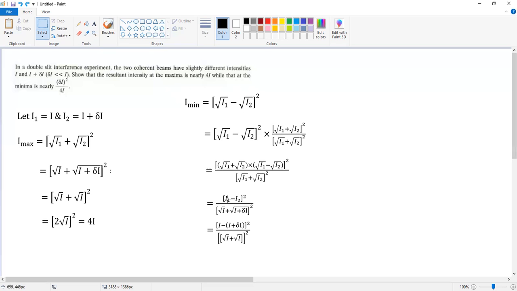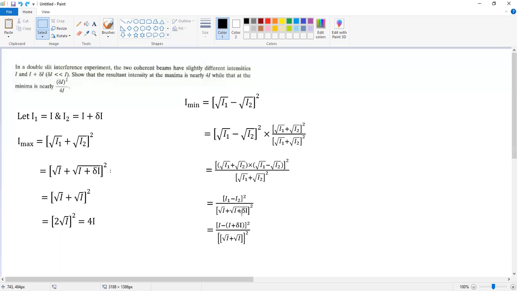Here you can't neglect the delta I part, because once you neglect that, the equation becomes 0, and there is no meaning of solving that. Neglecting the very small change is to get the solution even with a slight difference without much difficulty. But if you neglect it totally and the result becomes 0, there is no meaning of neglecting.